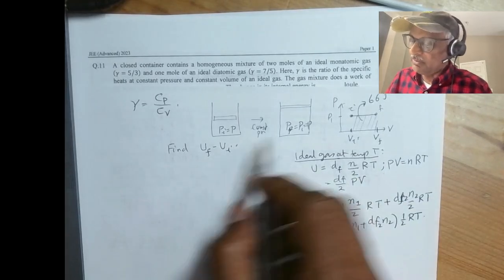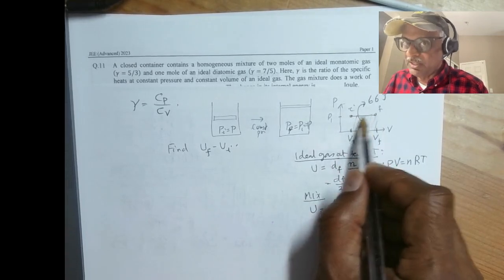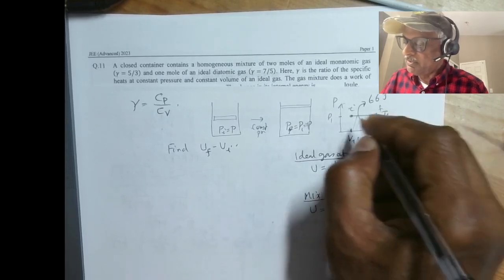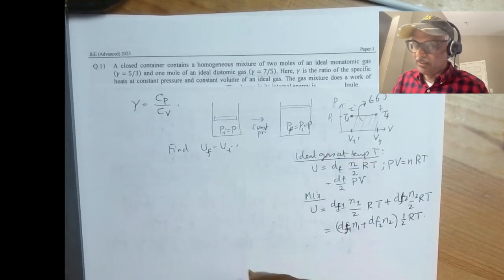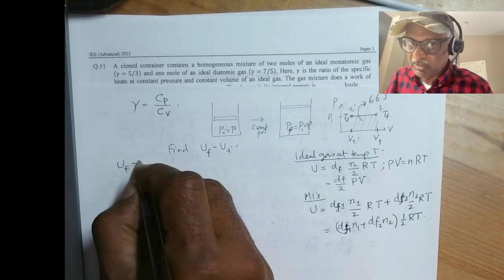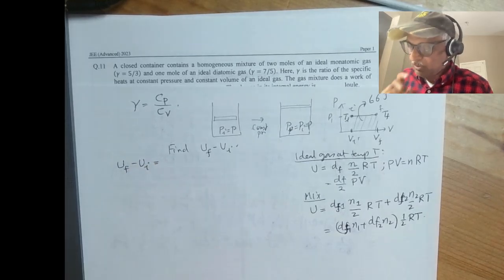How about when expanding on this? So at this point is like a T final, this is temperature initial. So if I look at this UF minus UI, what are we going to have?